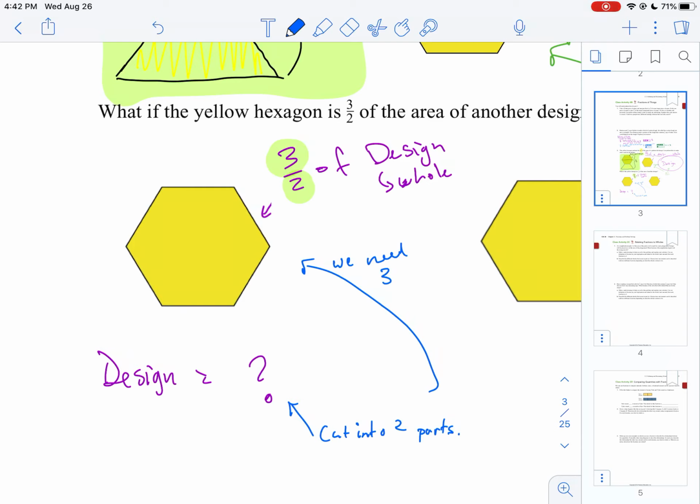So this is where it gets a little tricky. Down here, I was talking about cutting the original design into 2 parts, but since we have 3 pieces here, we need to cut this into thirds. So this becomes the new whole. When I'm saying thirds, I'm saying a third of the yellow pattern tile instead of half of the original design. So I'm going to go ahead and cut this into thirds.